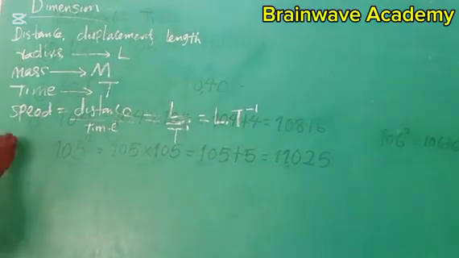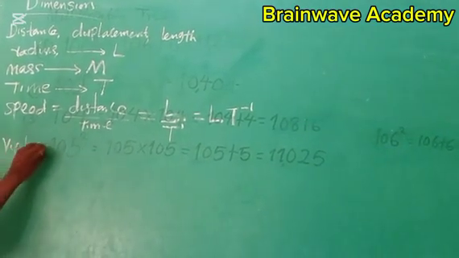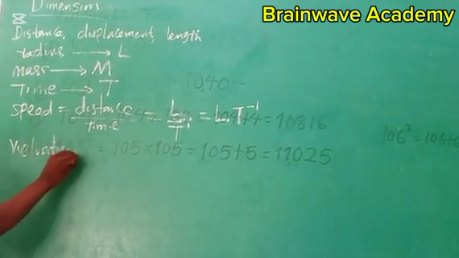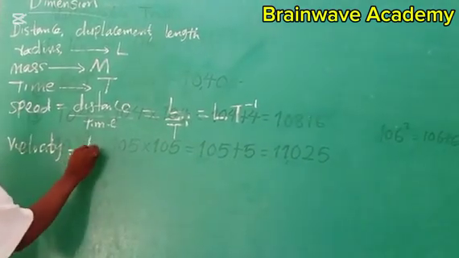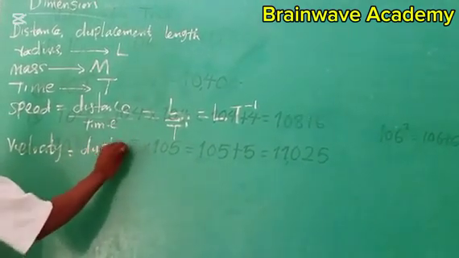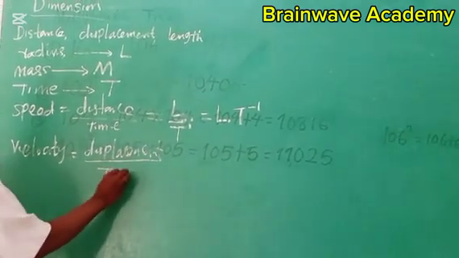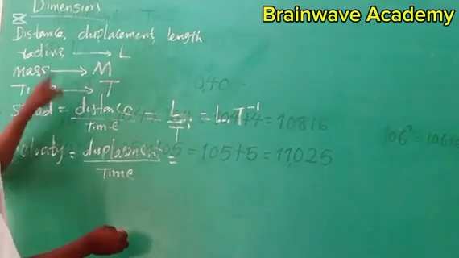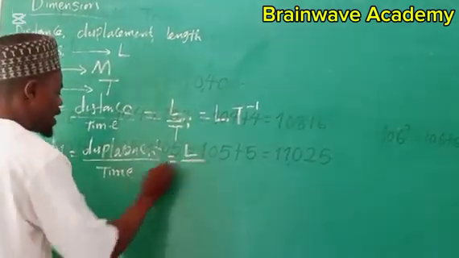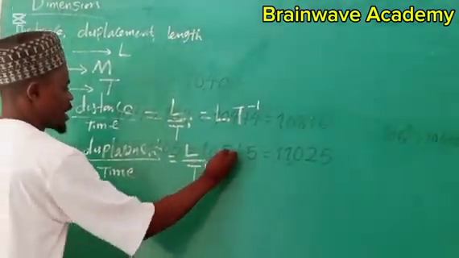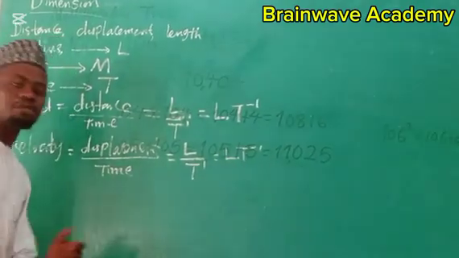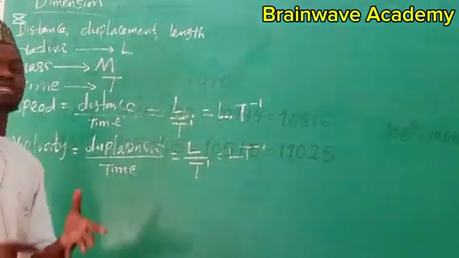The other one is velocity. Velocity is equal to displacement all over time. And displacement is represented as L, and time is what? T. The same thing, we have LT minus 1, which means that speed and velocity have the same dimension.